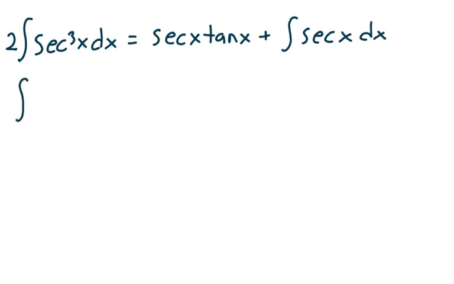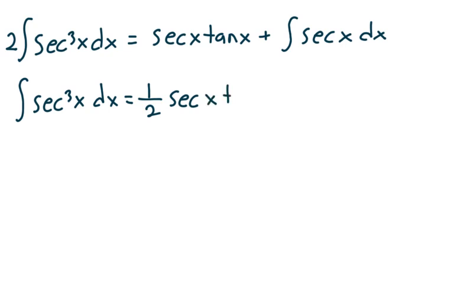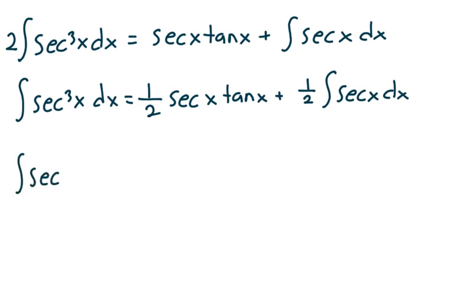Divide both sides by 2. The integral of secant cubed x dx is 1/2 secant x tangent x plus half the integral of secant x dx. And then I'm done. The integral of secant cubed x dx.